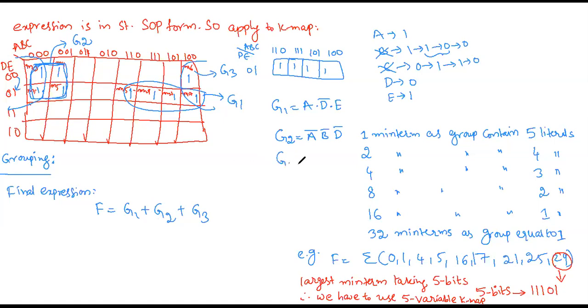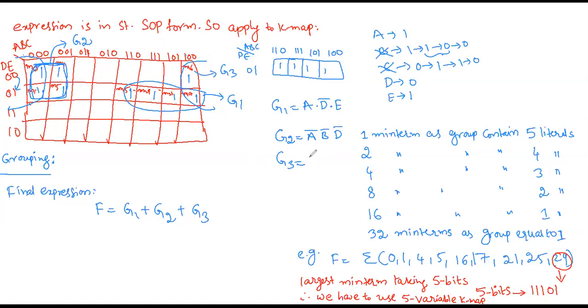Similarly, write the equation of G3. G3 is first half here, second half here. Try to identify the constant values and write them down. A value is 0 and here A value is 1, changing, don't write.